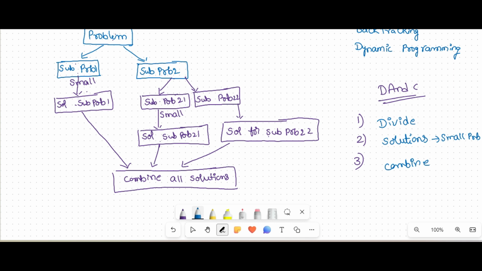That's why this strategy is called divide and conquer: divide, find the solution, and then combine the solutions of sub-problems.